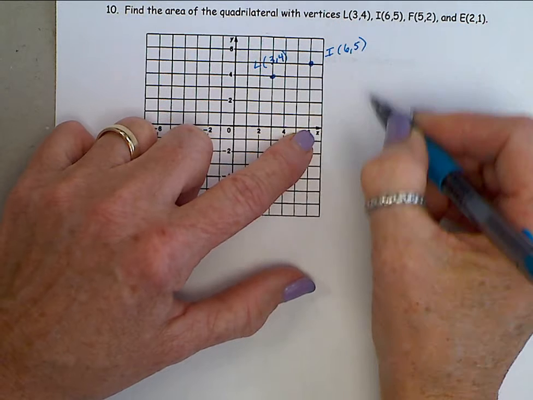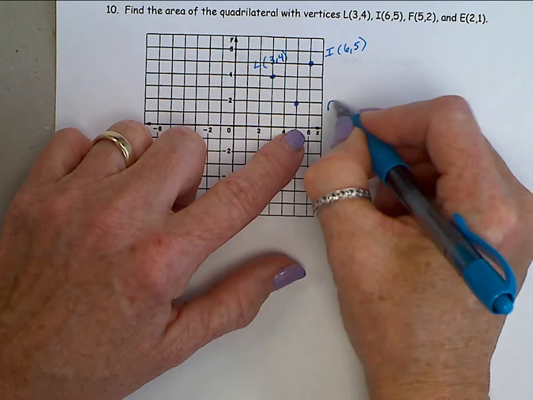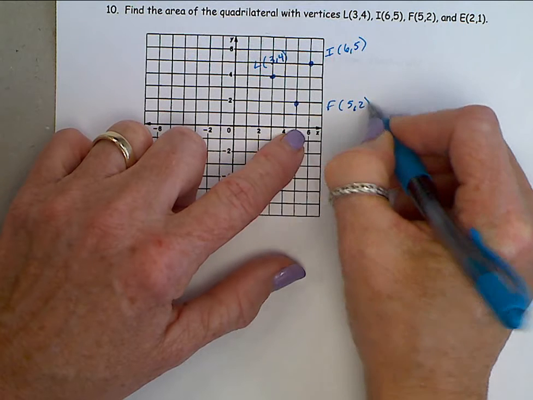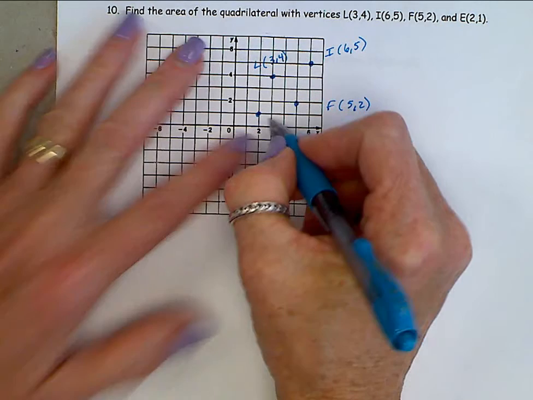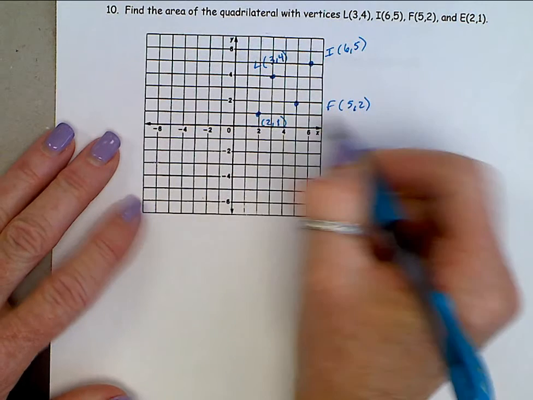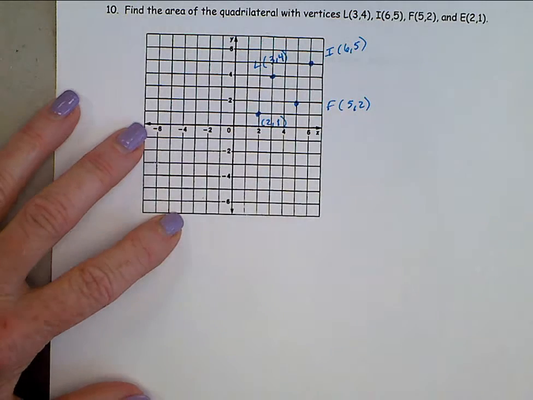F is at 5, 2. And E is at 2, 1. Drawing that quadrilateral in.